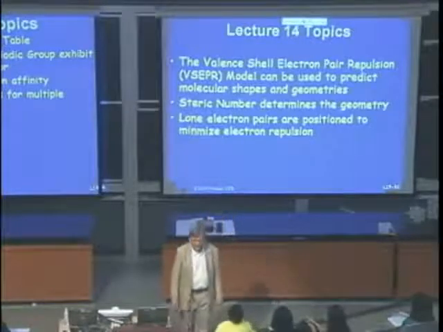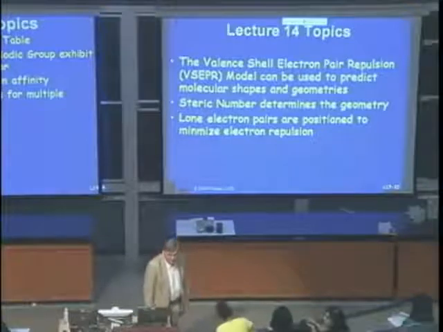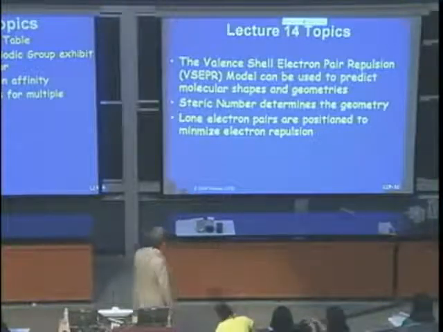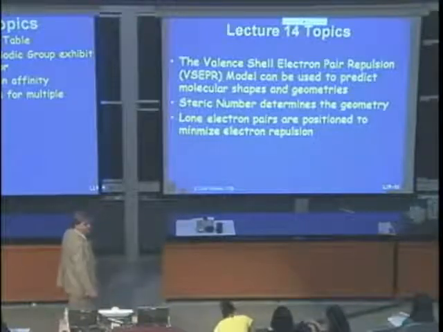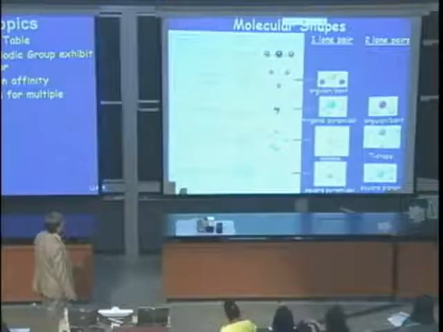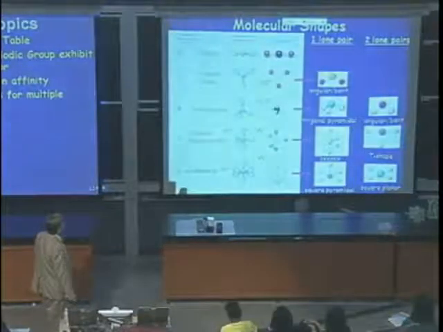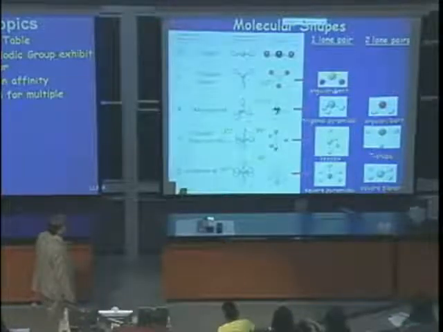Number of bonds plus the number of lone pairs, exactly, that's the steric number. Lone pairs are positioned to minimize the electron repulsion. So steric number 2 was linear. I would review this if I were you. Trigonal planar, tetrahedral, these are the bond angles. Of course, they can be compressed if you have a free pair here or 2 free pairs here.